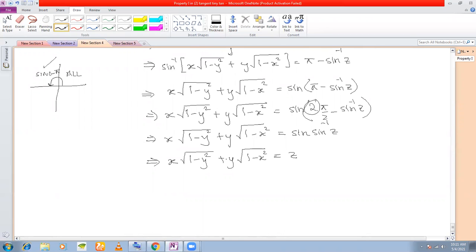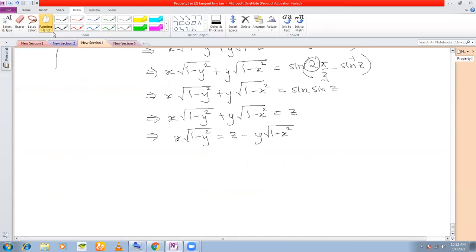Minus of, say, y root 1 minus x square, and then I will square both sides. That is, I write this as x root 1 minus y square is equal to z minus y root 1 minus x square. Now I can square both sides.